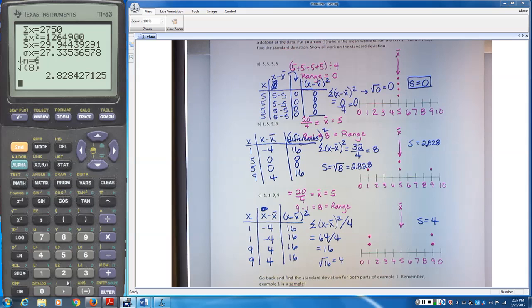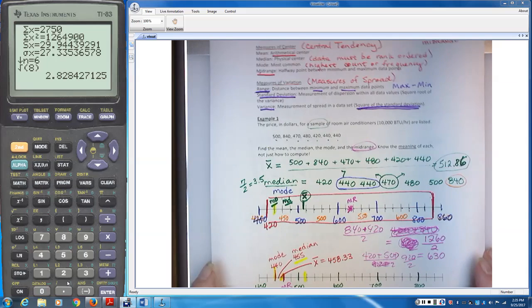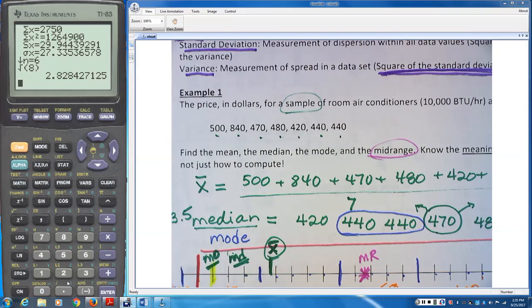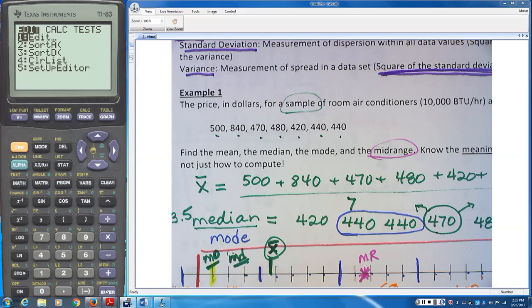Now the last thing we're going to do is go back and look at those air conditioners again. And what I'm going to do is I'm going to recalculate, but I'm going to put the 840 back in there.